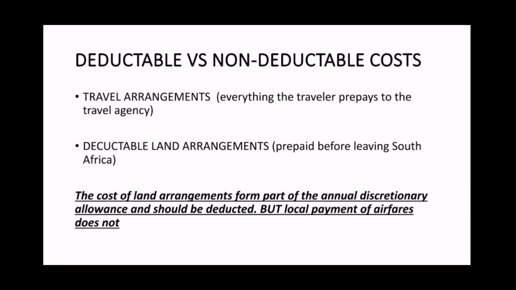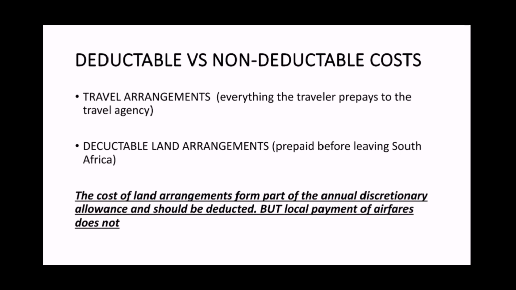Then within this category of travel arrangements, we have what we call deductible land arrangements. Your deductible land arrangements are the prepaid items on the list of travel arrangements.